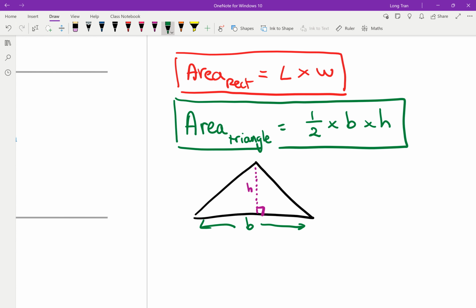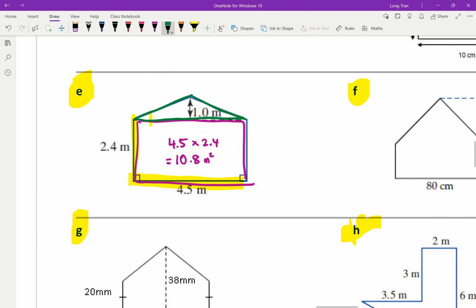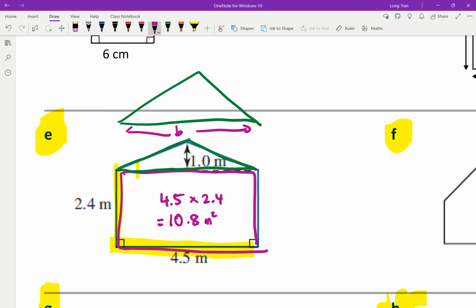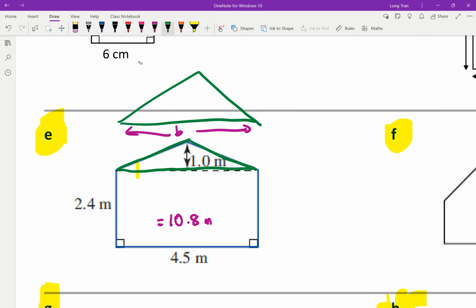When I go back to my diagram again, can you see how you have this triangle that looks like this? So what is my base? Base must be the length from here to here. So the question is, what is that length? I'm going to rub this out. See if you can see the length. I'm trying to find the length from here to here.